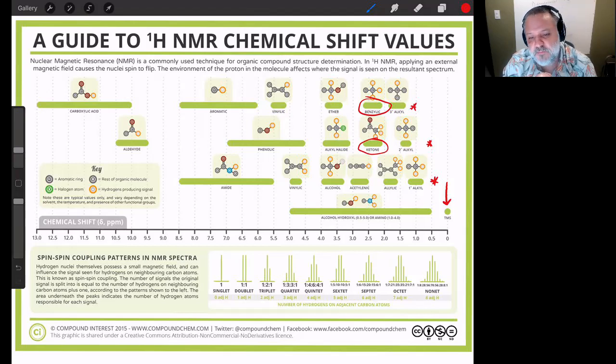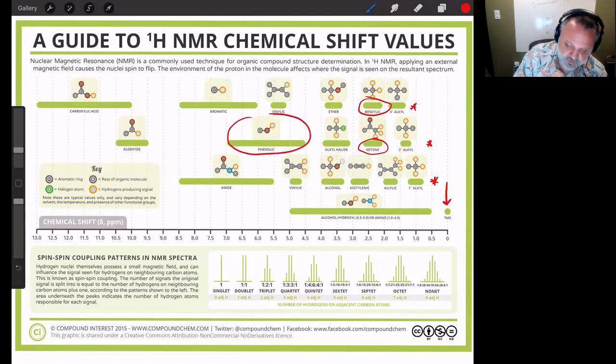But once you get past 6.0 parts per million, there's not a lot of things going on. And the things that are going on are very unique. So for instance, a phenolic hydrogen, there's only one possibility for that, right? It has to be an OH on a benzene, and it has to be that hydrogen.